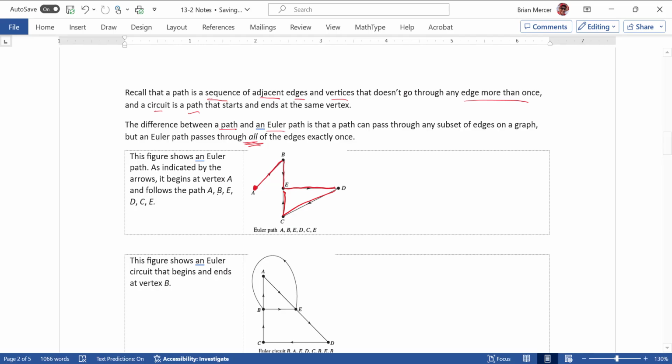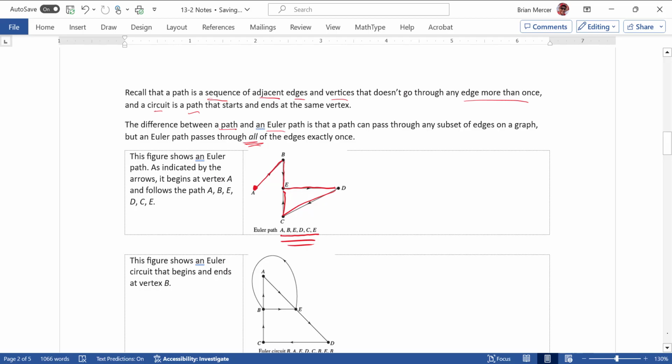That's A, B, E, D, C, E. I think I said the letters in the wrong order the first time, but you get the point. Notice we actually hit vertex C twice, but that's okay. You're just not allowed to hit an edge twice. And so that's an Euler path.